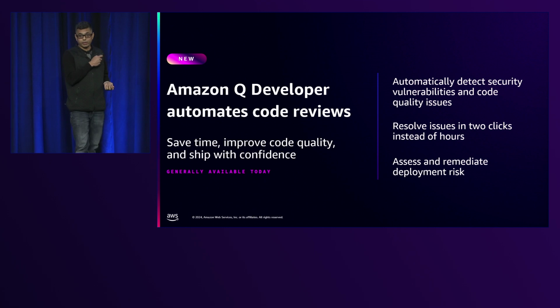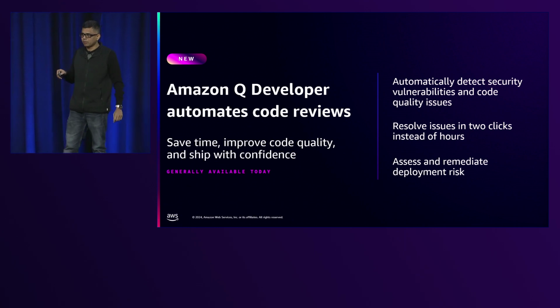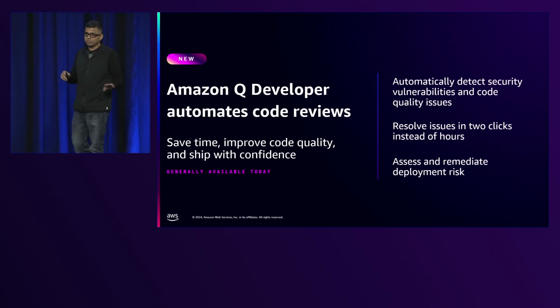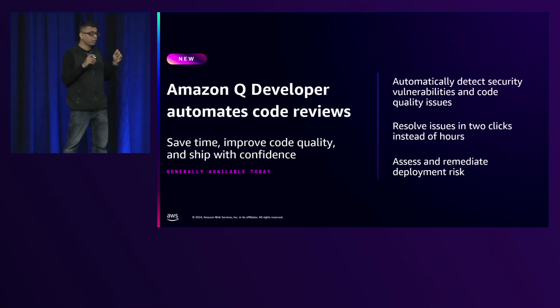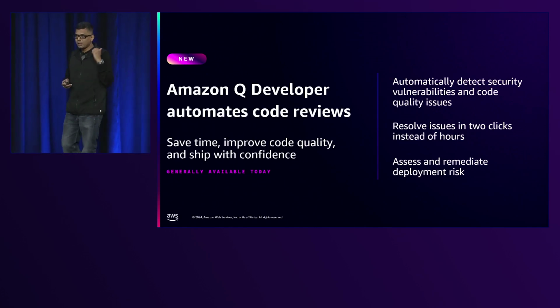All these things will be detected for you. And at the click of a button, you can also generate a code fix right from within Q Developer itself. So it's going to save lots of time and make sure that the code that you're going to commit for the code review process is already of higher quality. Let's see how this works.